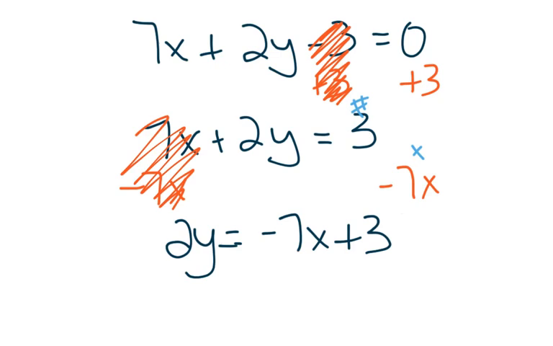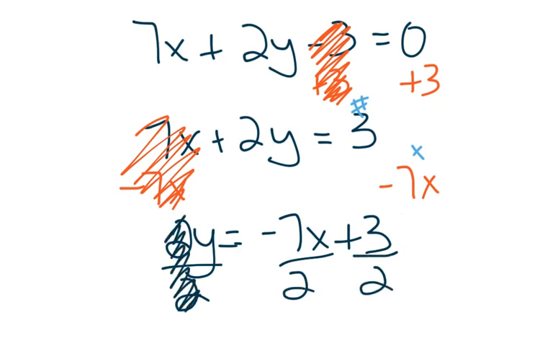Again, notice that I put the x first. Negative 7x plus 3. Now I'm going to get rid of this 2, and I have to divide everything by 2. So these go away, and I really can't simplify that anymore. I could say that negative 7/2 was negative 3.5. That's true. But normally they leave slope top heavy.